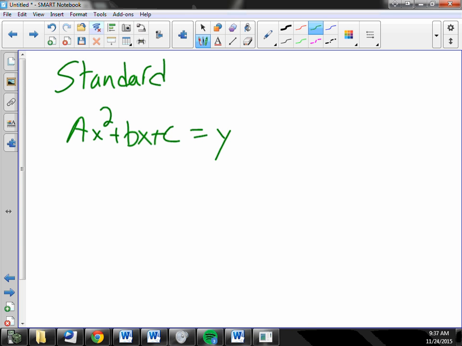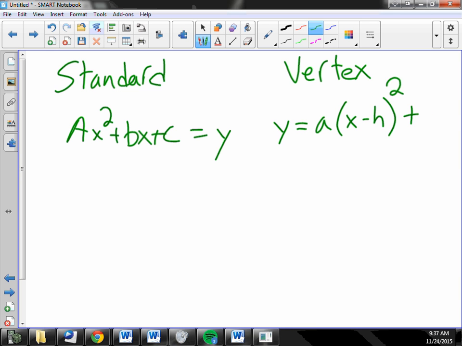And then there's another one called vertex form. And in vertex form, it's y equals a times x minus h squared plus k.